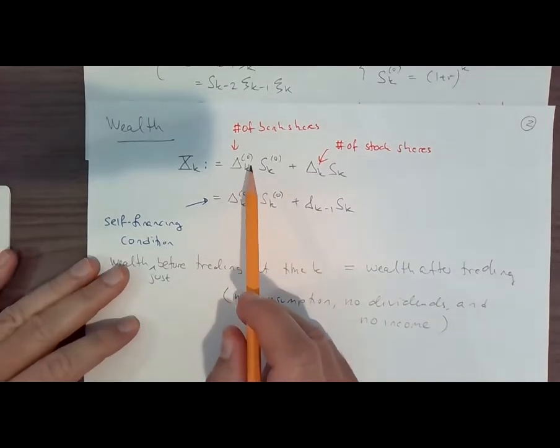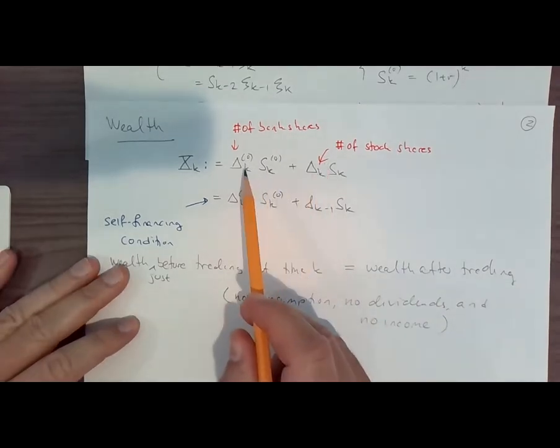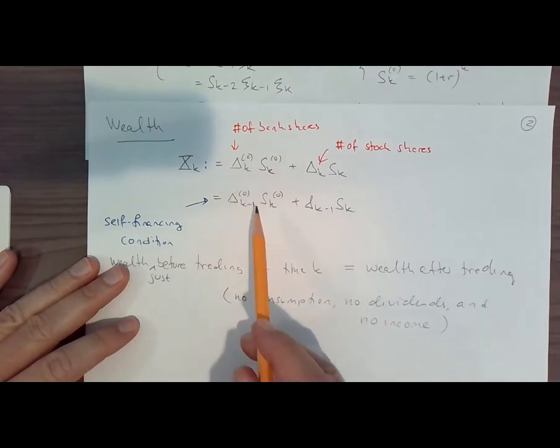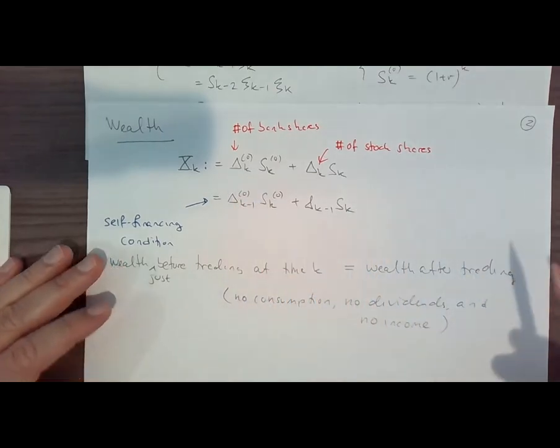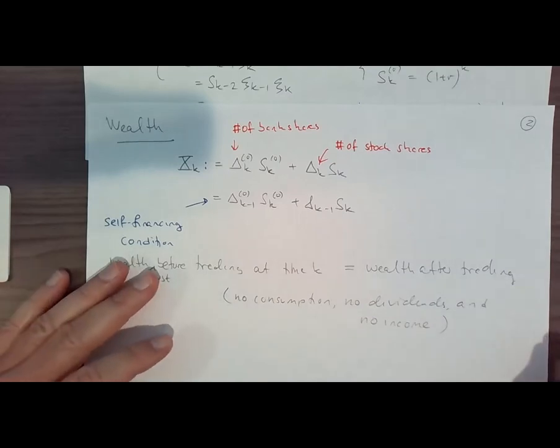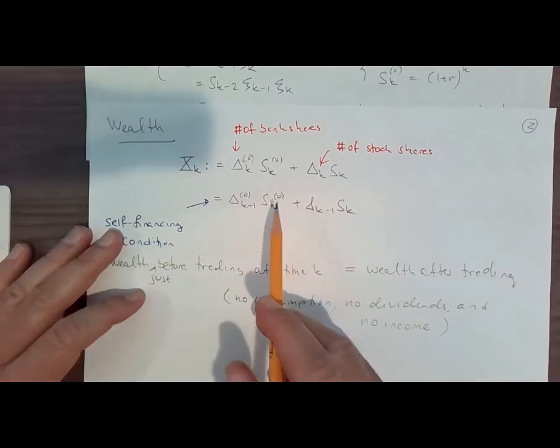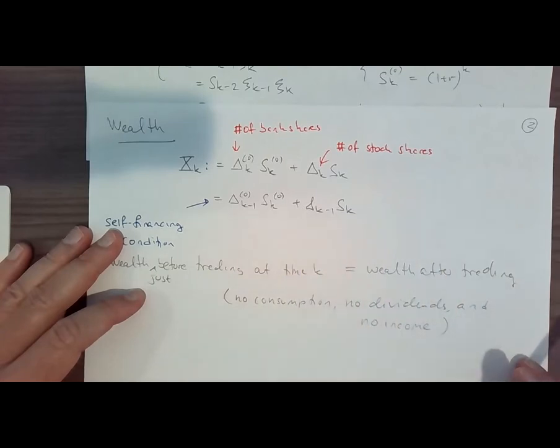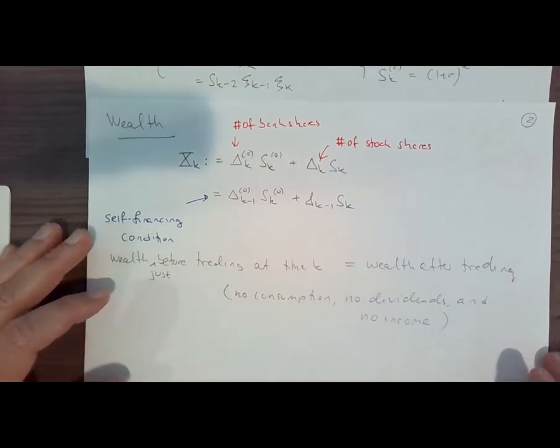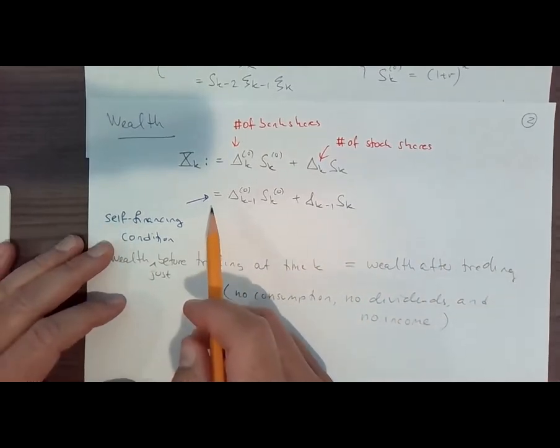It just says that the wealth that you have after trading at time k is the same thing as the wealth you had immediately before trading at time k. You do not create extra wealth simply by rebalancing from the stock to the bond or vice versa. So that's called the self-financing condition.